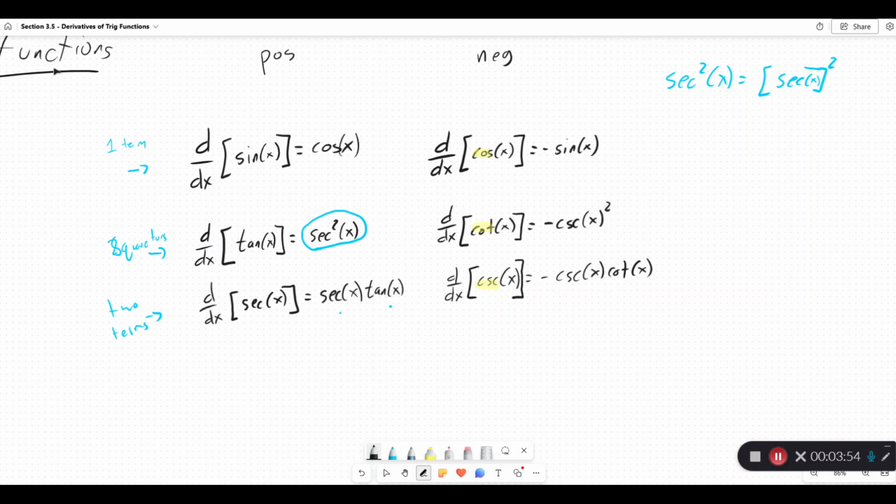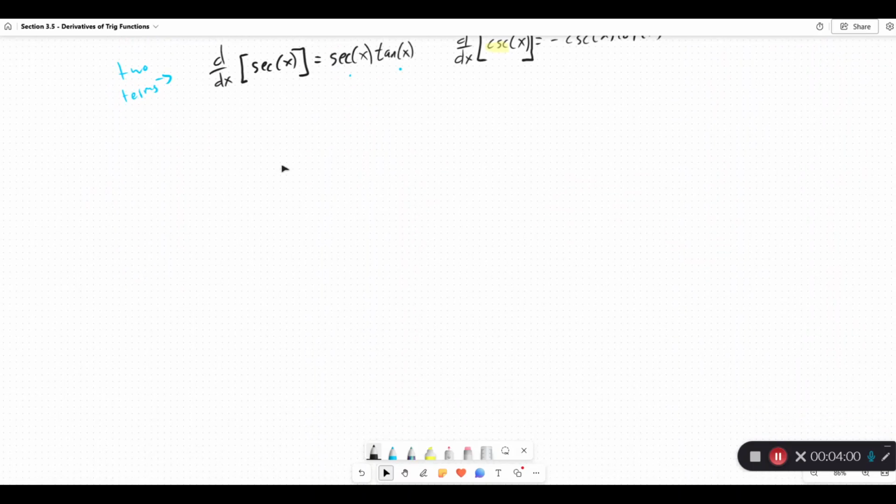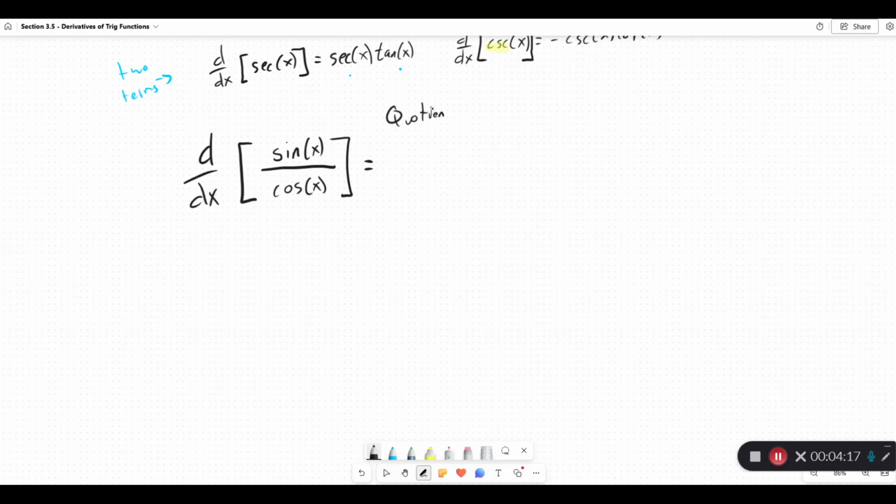Okay, so most of these you don't have to prove. I'm going to prove one of them for you just because I think it's interesting. But most of what we're going to look at is how do these relate inside of product and quotient rules. And I'll look at a couple of examples like that. So as a reminder, tangent is sine over cosine. And we can use the quotient rule to say that it's the bottom times the derivative of the top.